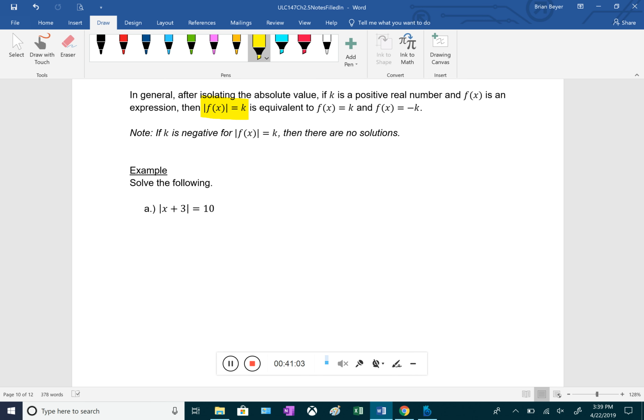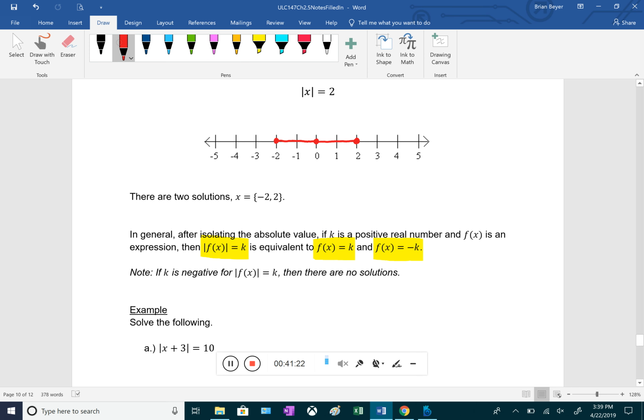If k is a positive real number, then we have two separate equations to solve. We drop the absolute value bars and set it equal to k, and we drop the absolute value bars and set it equal to negative k. Just like we did up here: the absolute value of x equals 2, drop the absolute value bars, it equals positive 2.